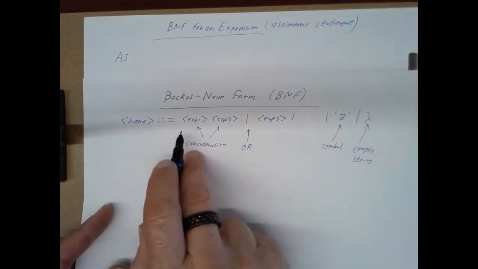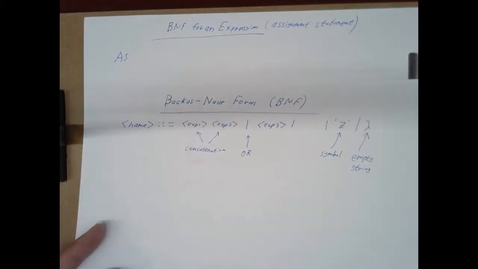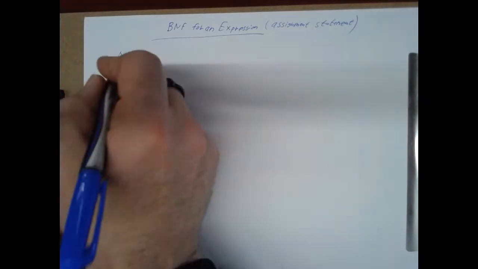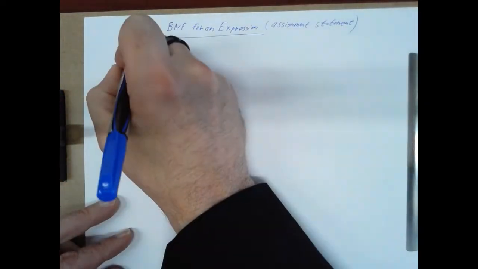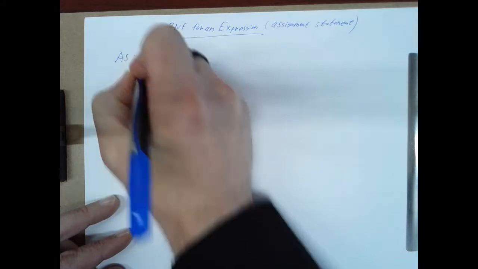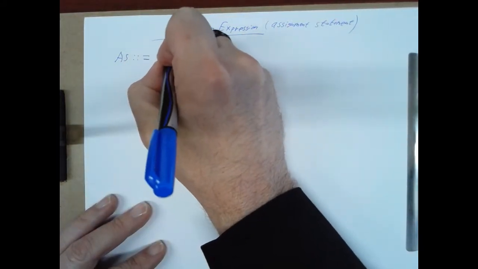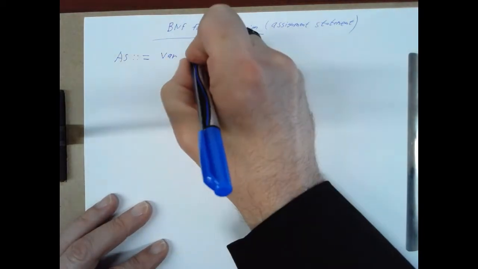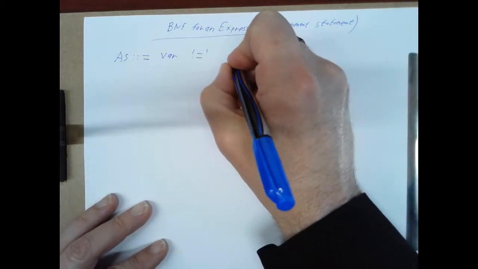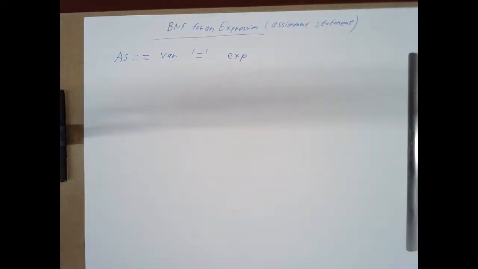So, I'm going to skip these angle brackets in here. So I'm going to define what an AS is. That's an assignment statement. And an assignment statement is the following. It's a variable followed by an equals sign followed by an expression. If we insisted on a semicolon, we could put a semicolon at the end, but simple assignment statement. So variable equals some expression, right?